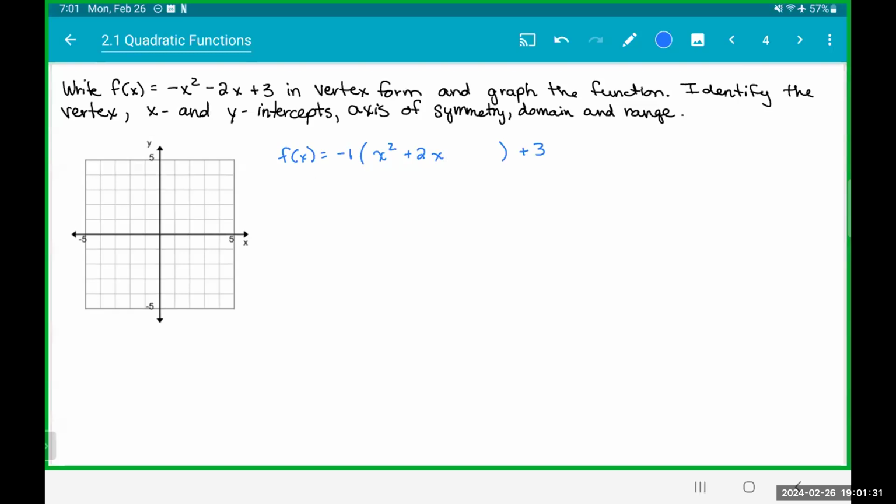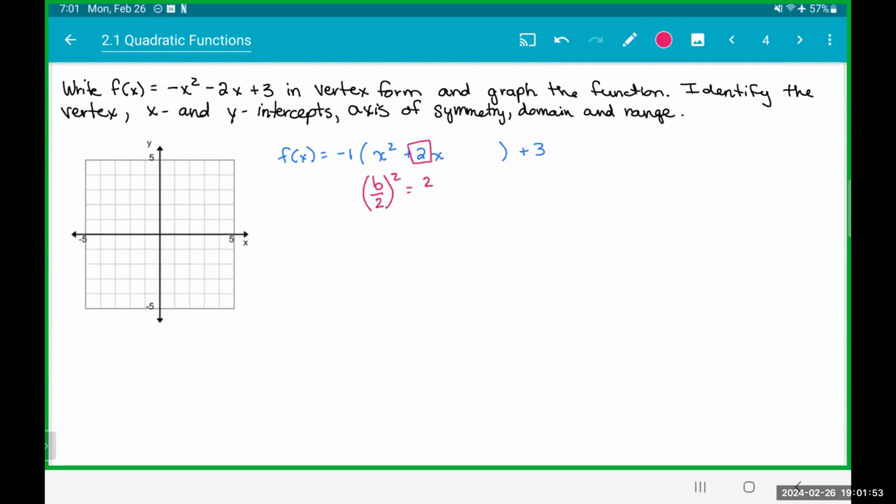Okay. Now, what is my b? My b is the value that's on the x term. So in this case, my b is 2. But remember, we're doing b divided by 2 squared.